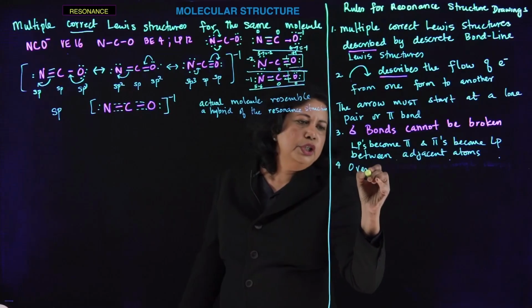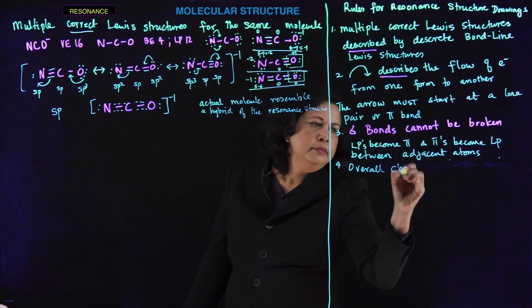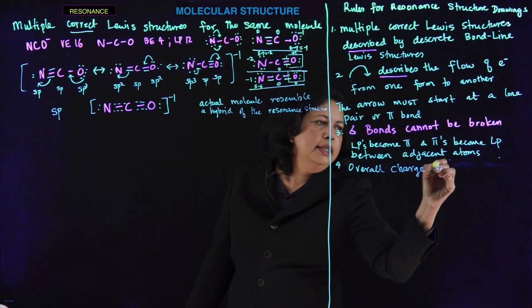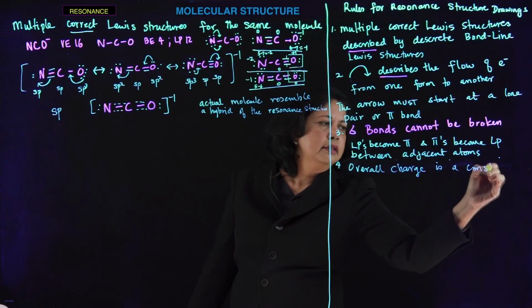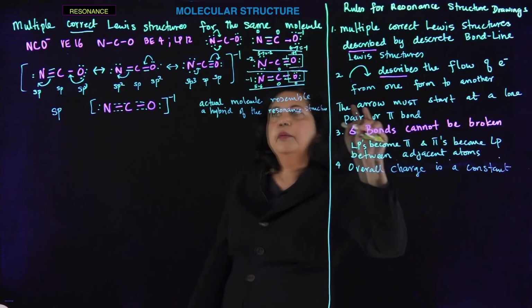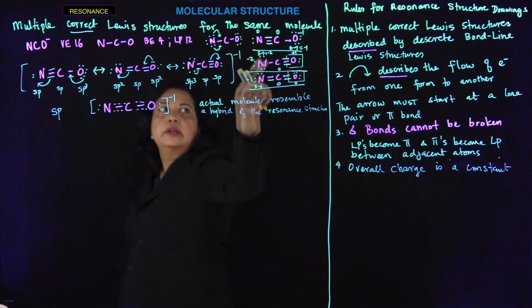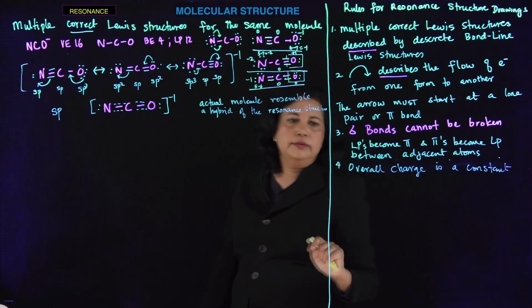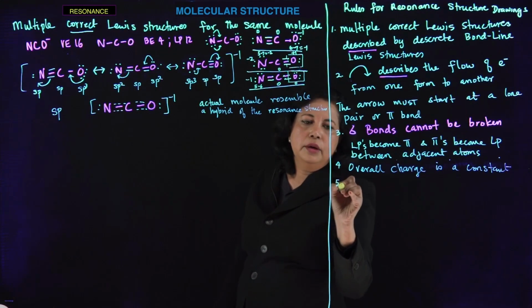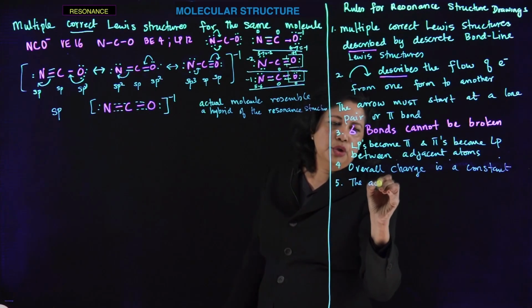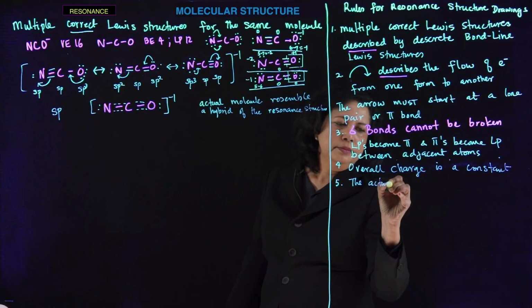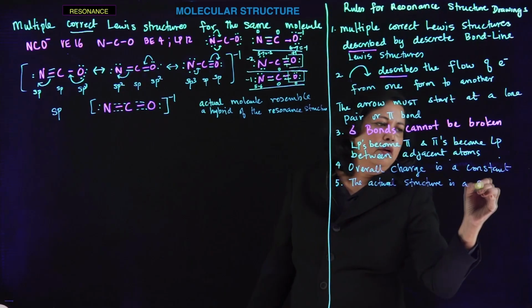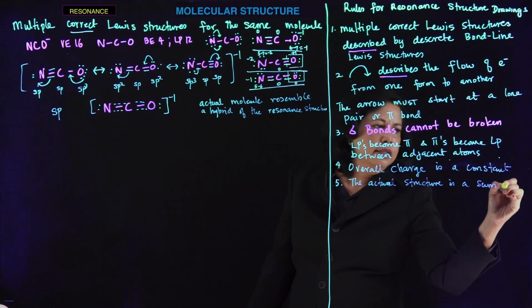So overall charge is a constant. And the charge in between here inside the molecule is just showing how electrons are shifting. So the actual structure is a sum of the resonance structures.